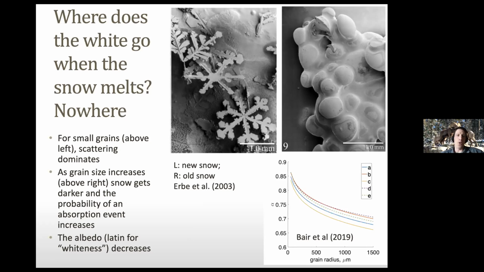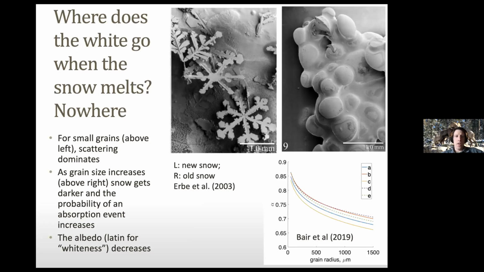They usually get blown apart by the wind by the time they're down near the surface, or they get rime on them, which are supercooled droplets. So they might look more like little balls covered in tinier little balls. But that's what a classic snowflake looks like. That's new snow, and it has a very small grain size.